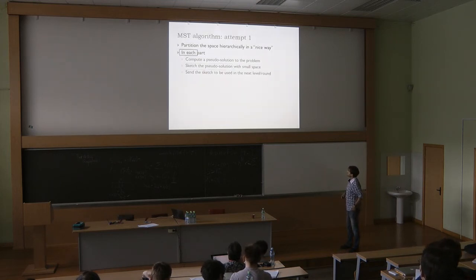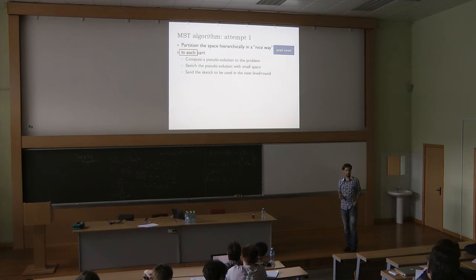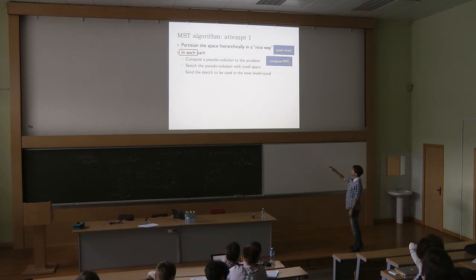So let me explain how to partition the space hierarchically in a nice way. We can use quad trees, as I already alluded to. It will be some recursive quad tree. How to compute a pseudo solution to the problem? We'll have a small subset of the points.